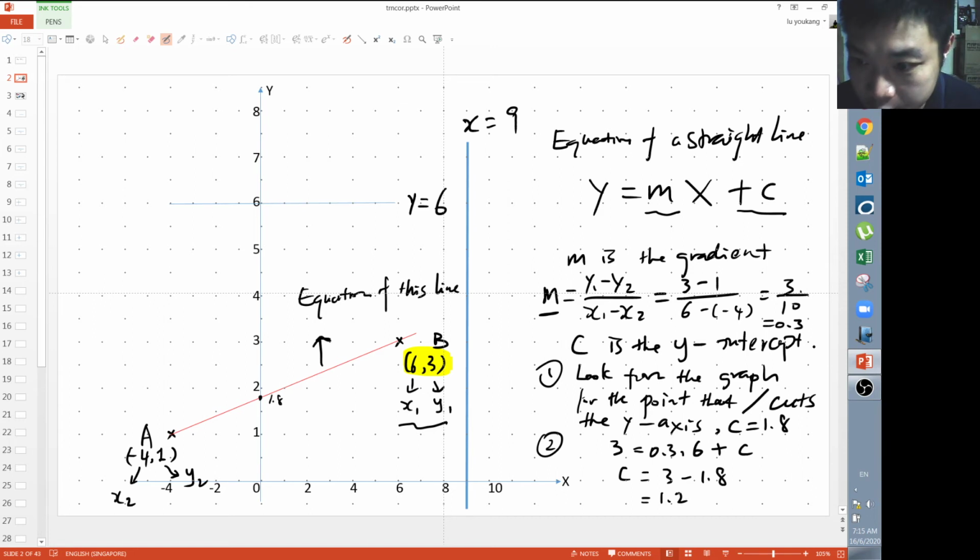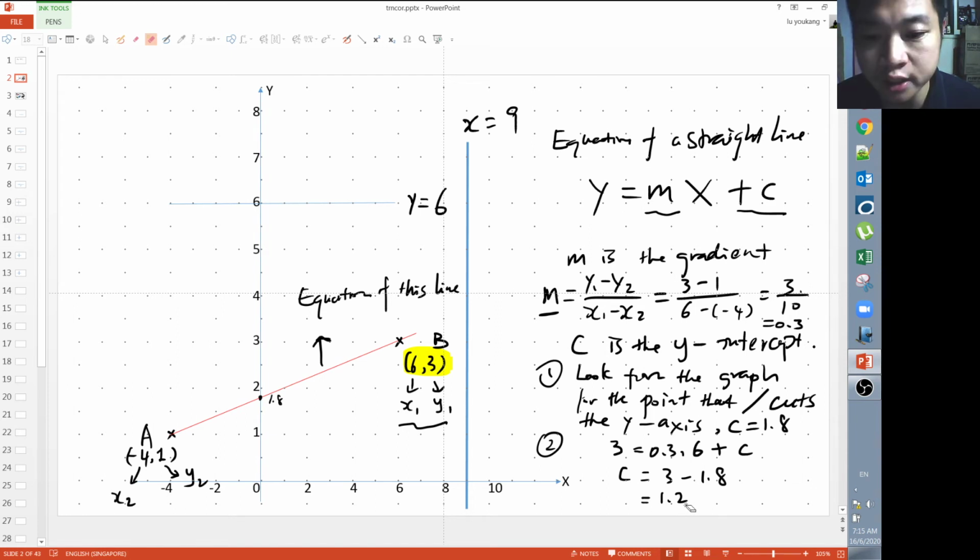Alright, so let me double check the answer. Looks like I made a mistake. Why? First thing first, from the graph itself, this y-intercept is definitely more than 1.5. But over here, my answer is 0.2. So I definitely have made a mistake.